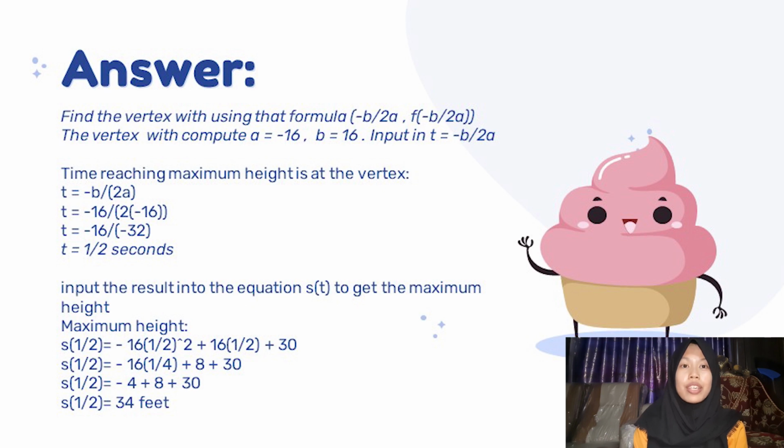Time reaching maximum height is at the vertex. t is -b over 2a. t is -16 over 2 times -16. t is -16 over -32. t is 1/2 second. And then the result is 1/2 second.